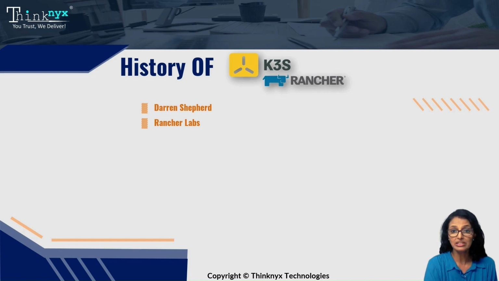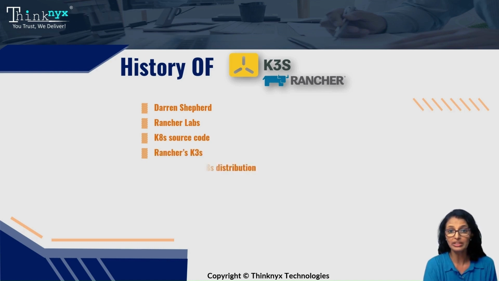To address this issue, he carefully analyzed the Kubernetes source code and eliminated many binaries and dependencies. This is how Rancher K3s came into existence and became famous as lightweight Kubernetes for specific use cases.